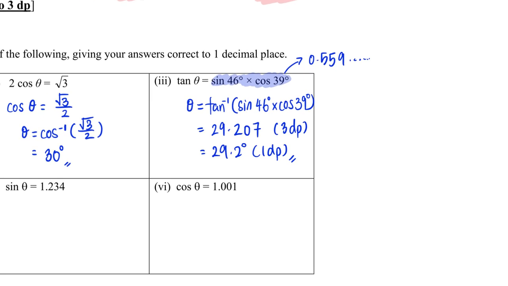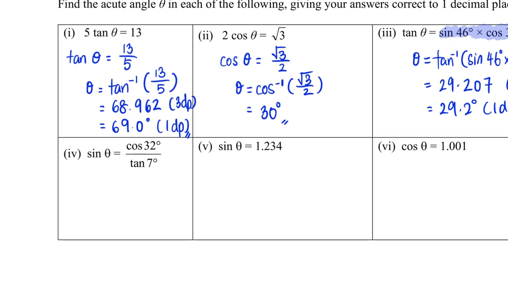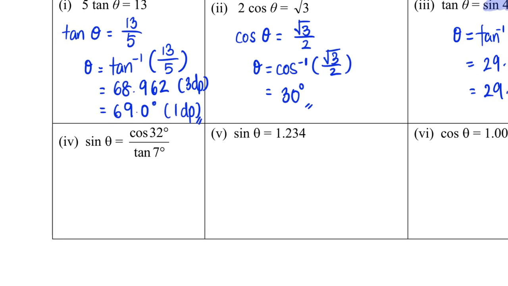Alright, let's move on to this. Sine theta equals cosine 32 degrees over tangent 77 degrees. Again, this represents some decimal or ratio, so we don't have to be too bothered about that. We just need to key this neatly into the calculator.